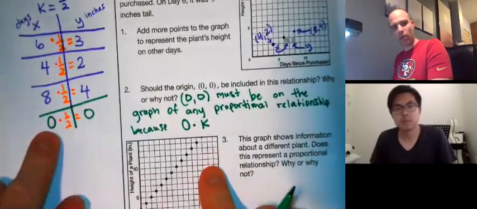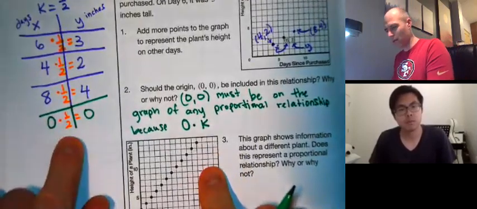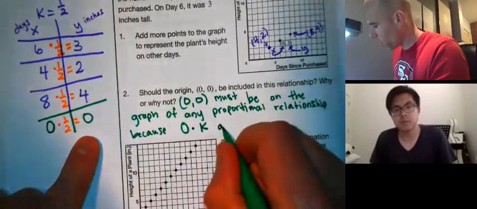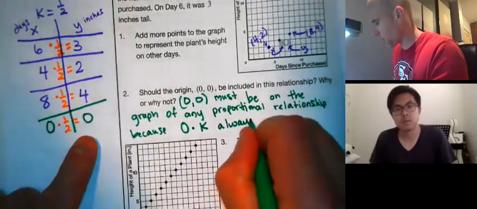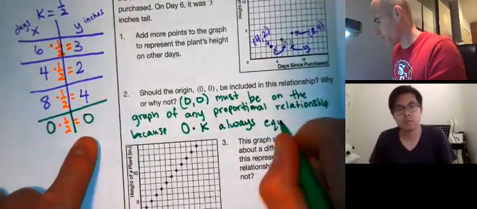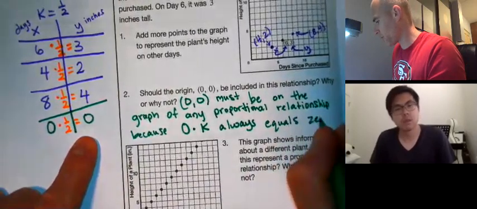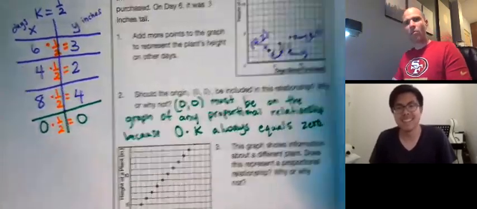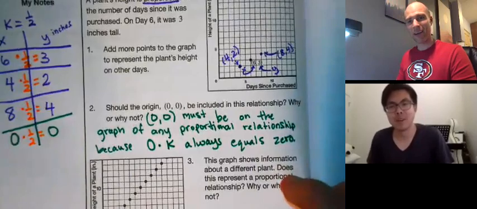We took 0 and multiplied it by our k, always equals 0. Couldn't have said it better myself.